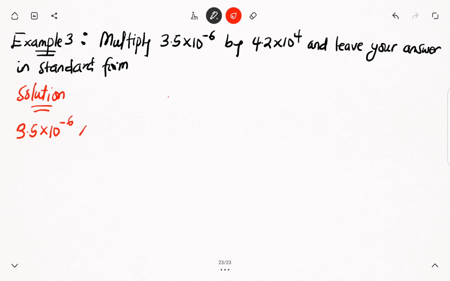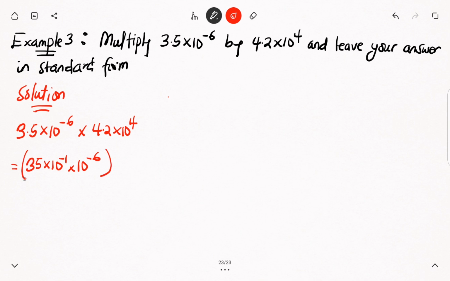So this multiplied by 4.2 times 10 raised to the power positive 4. Okay, so as usual, I have to convert this to whole number, so I move the dot from the left hand side to the right hand side, so that becomes 35. Because I move the dot once, it becomes power negative 1 multiplied by 10 power 6.